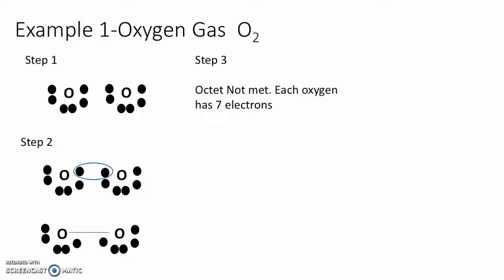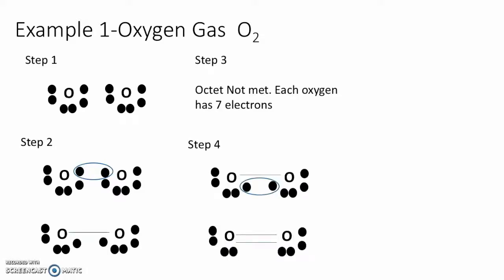And we said our strategy was that if this happens, we're going to make more bonds. We make an extra bond every time until the octet rule has been fulfilled. So just like step 2, we're going to now take 2 electrons again, 2 new ones, combine them together, and make a new bond. Now the question is, has the octet rule been fulfilled?